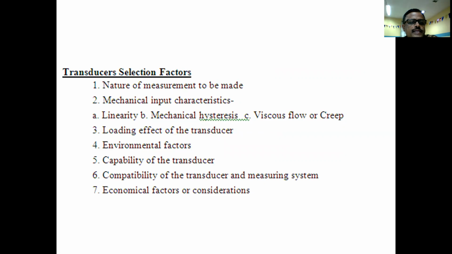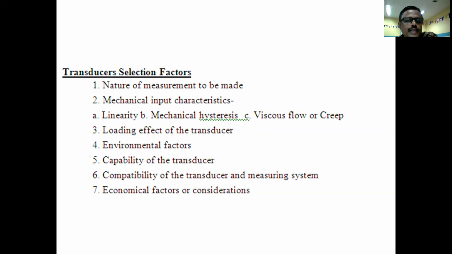How to select the transducers? While selecting the transducers, some important parameters are to be looked into, and they are the nature of measurement to be made, which type of measurement we are making, mechanical input characteristics like linearity, mechanical hysteresis, and viscous flow or creep.